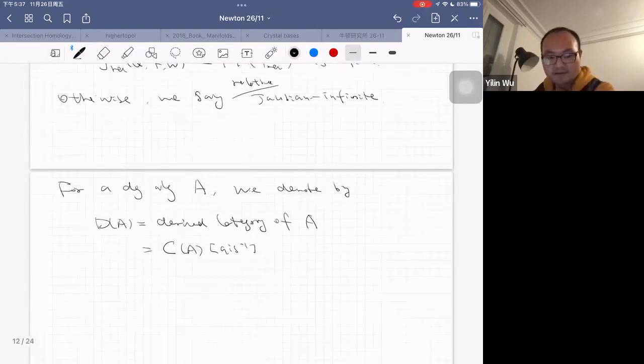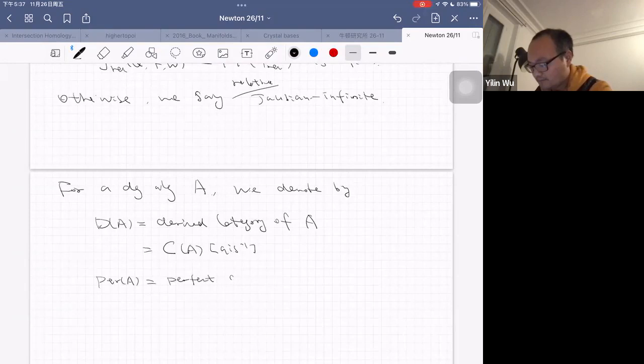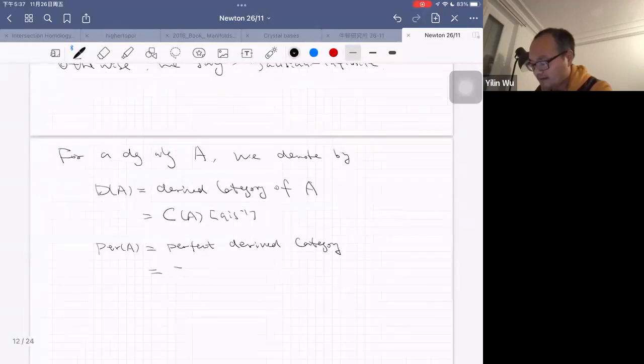In this unbounded derived category, we have the perfect derived category, per A, defined as the subcategory generated by A over itself.